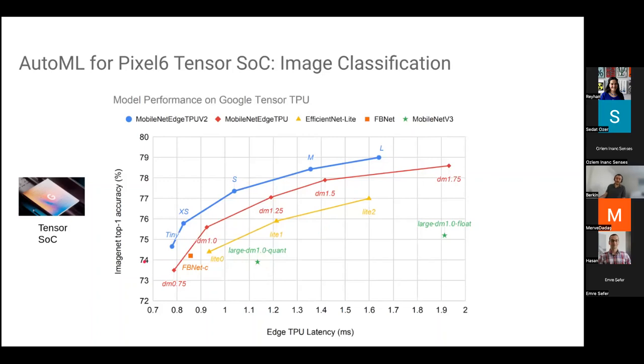Or you may have an accuracy goal that you want to hit, 77. Then you may again pick S and have it in 1 millisecond. And if you were to do it on the best existing previous neural network, you have to have much more latency, right? So this is improving that trade-off.